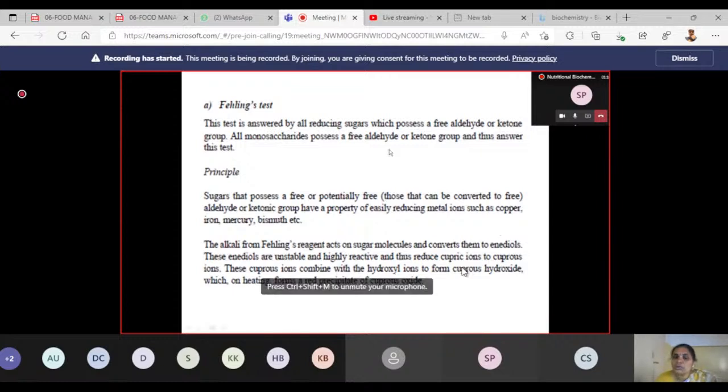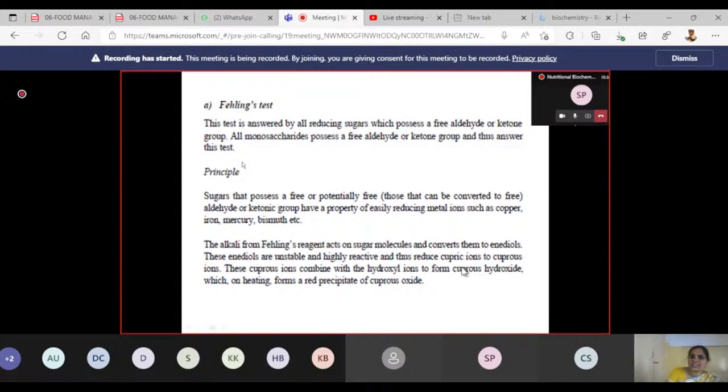And they can act as a strong reducing agent in presence of a basic or alkaline condition. So your monosaccharides can act as a reducing sugar more easily in alkaline condition. They have the property of reducing the copper ions in an alkaline medium.